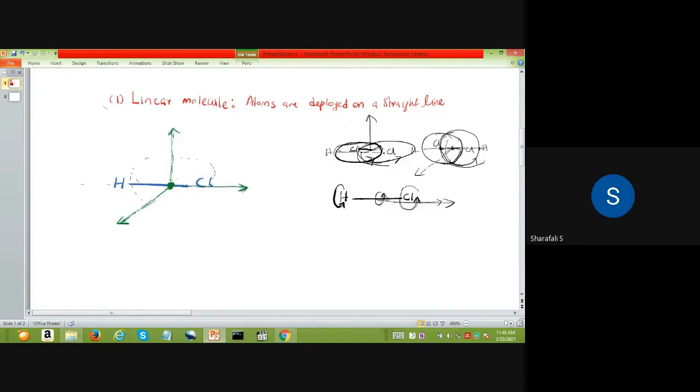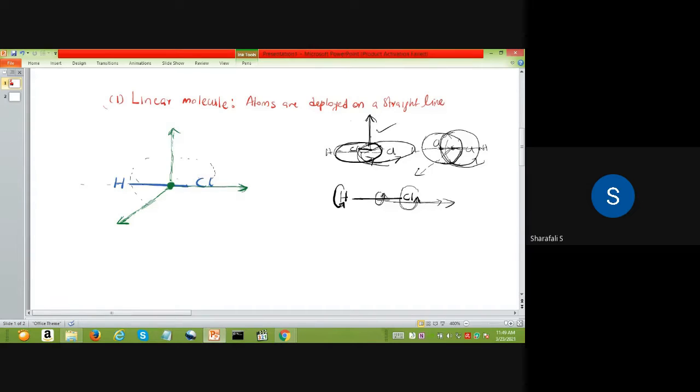If you consider this axis, with respect to this axis we have two different masses, hydrogen and chlorine, rotating about that axis. So the mass is larger because two atoms are there, and they are well separated from this axis. So there will be enough perpendicular distance from this axis, and the moment of inertia will be higher in this case.